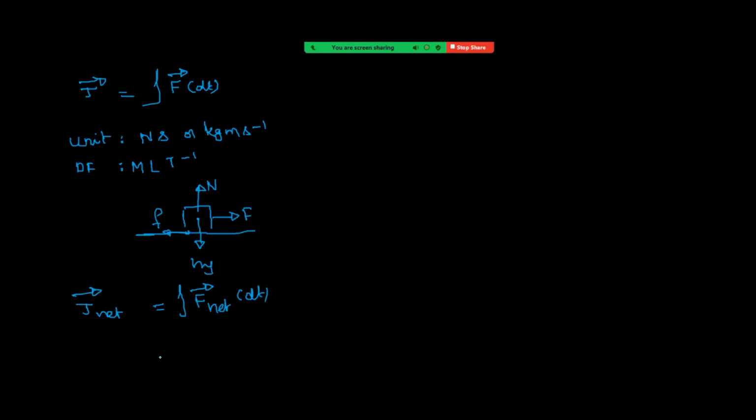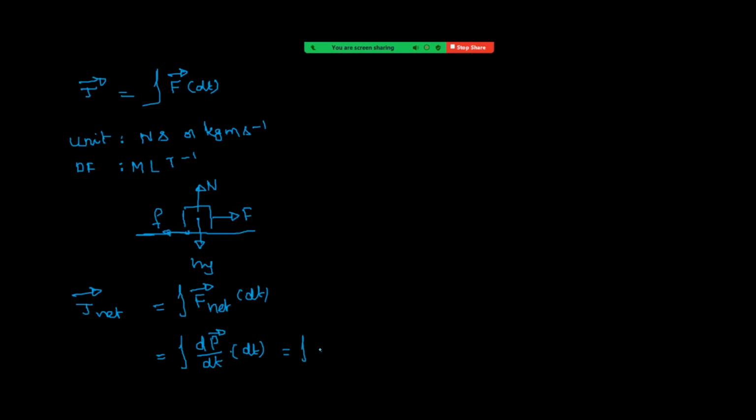See from this what we get. According to Newton's second law, net force equals rate of change of linear momentum with respect to time. So in place of net force, I am writing dp bar by dt, into dt. Then see what we get.